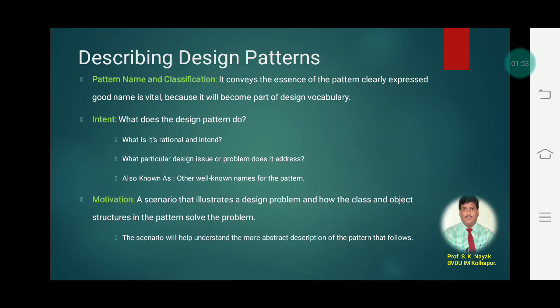How can it be structured, or how can it have the illustration process, so that the problems which occurred can be resolved properly by using the class and object structure? This motivation will help the designer or the software architect to resolve real environment problems. So this is a very important part of describing the design pattern, that is, motivation.